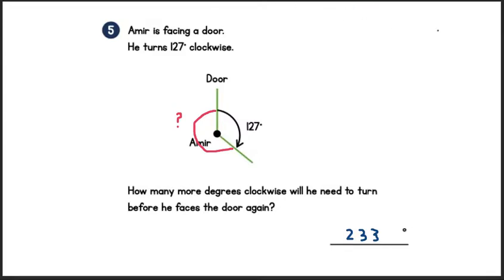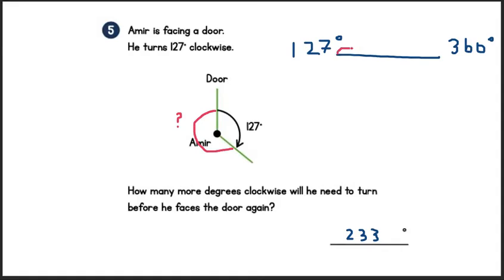So what you would do is, you know you need to get to 360 degrees. And you know that one angle is 127 degrees. So you're going to use addition to get from 127 to 360.